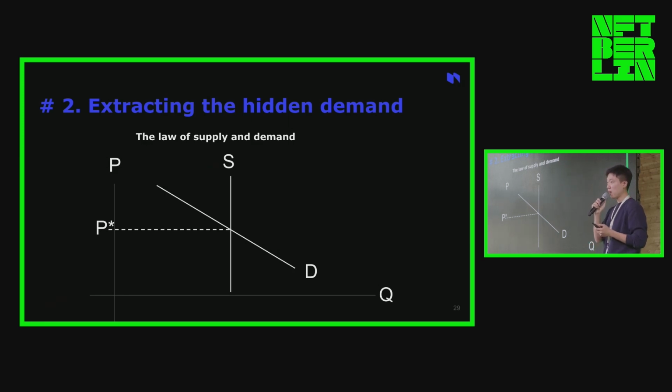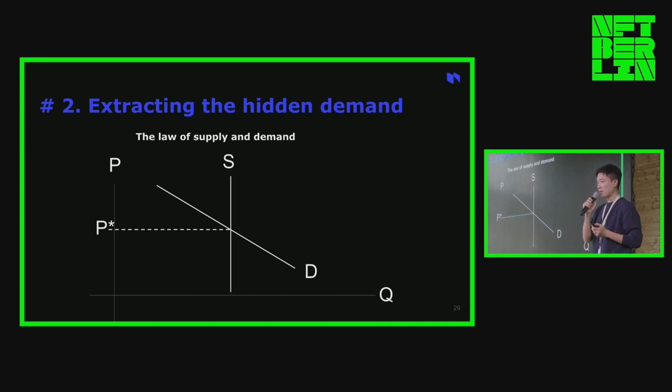The supply of NFTs is quite inelastic or even fixed. So let's say with BAYC, we only have 10,000 NFTs in the collection. So even if the price of BAYC goes up and up, they cannot supply more NFTs, right? So let's assume that the supply is quite fixed or inelastic.